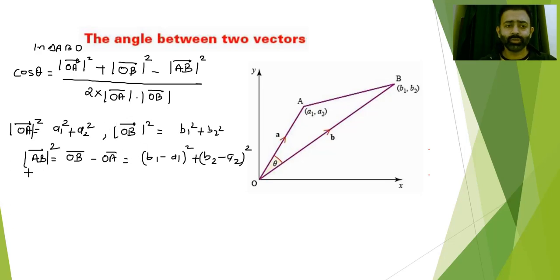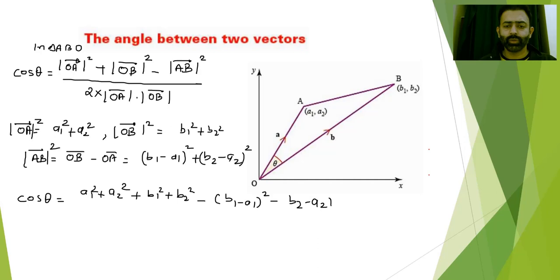Now putting all these values in the above formula, cos theta is a1 square plus a2 square plus b1 square plus b2 square, minus b1 minus a1 whole square, and again with a negative sign, b2 minus a2 whole square. You will ask why this is a negative sign and here it is plus: because outside there is a negative sign.